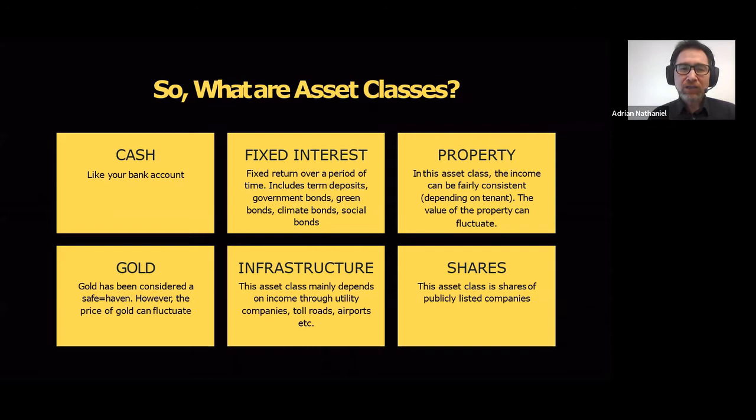And as you may see there, there's no asset class which is called currency. Currency is not really considered an asset class as such. It's more of a medium through which we can trade or exchange value.